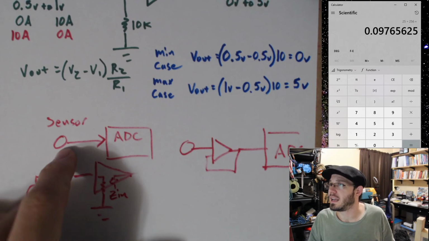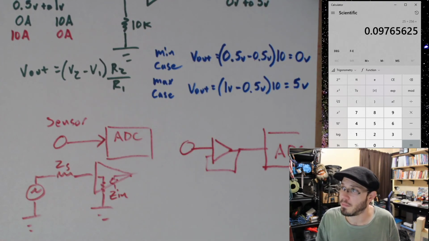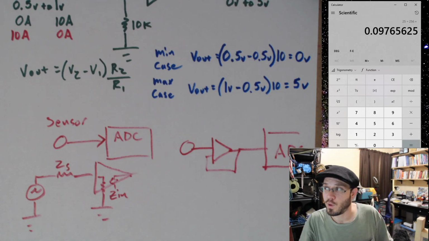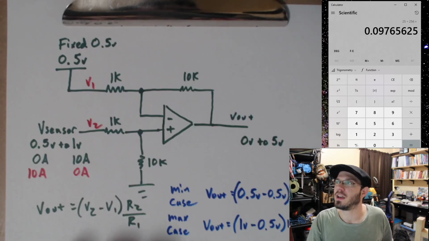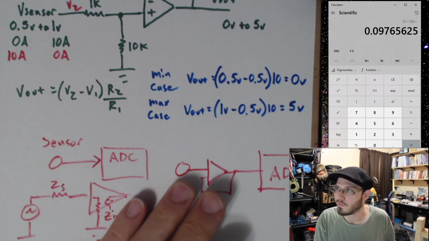And even if you were to connect the sensor directly to the ADC, you would still need this. And when you buy an op amp, usually you can get a little 8-pin package that has 2 op amps in it. So you're not helping yourself by not utilizing this circuit and not using a voltage follower.